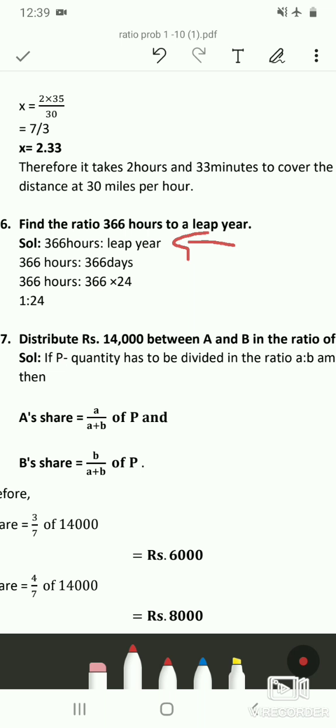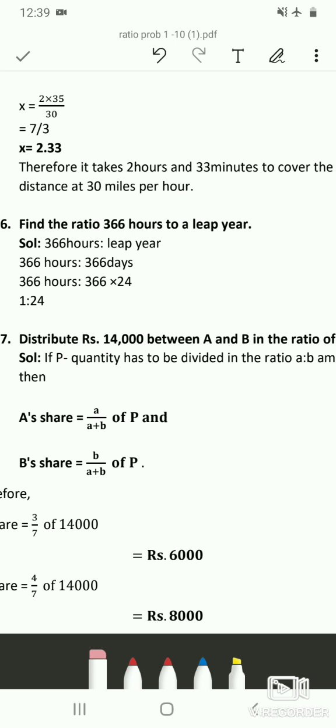We know that in one leap year there are 366 days. So 366 hours is to 366 days, but we know that a ratio can be taken only when we can express the quantities in the same unit, that is hours. So this is in terms of days. So we have to convert 366 days in terms of hours.